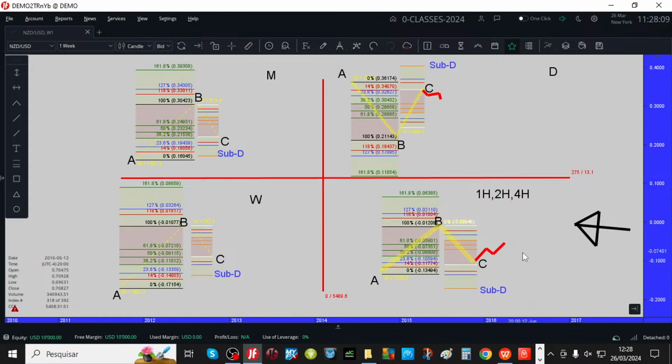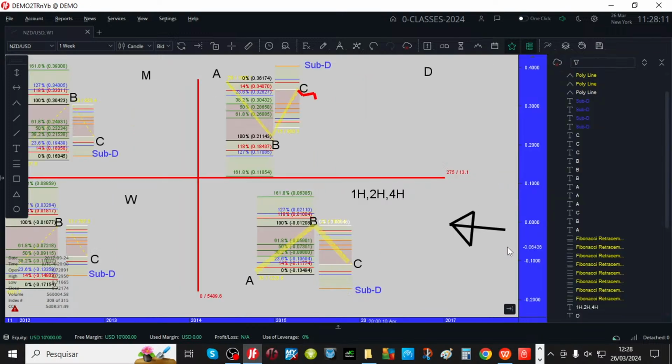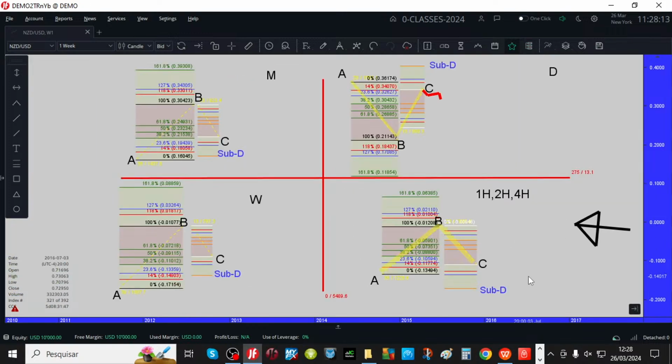Do you want to short the 1 hour, 2 hour, 4 hour chart? Boss, give us the solution. Not yet. In 10 minutes. I want you to look at the 4 time frames and think.